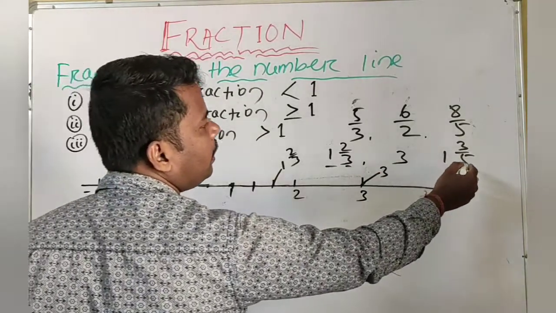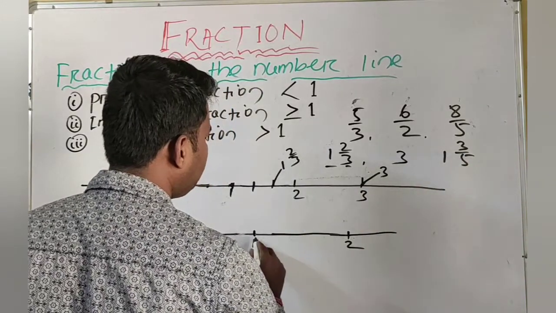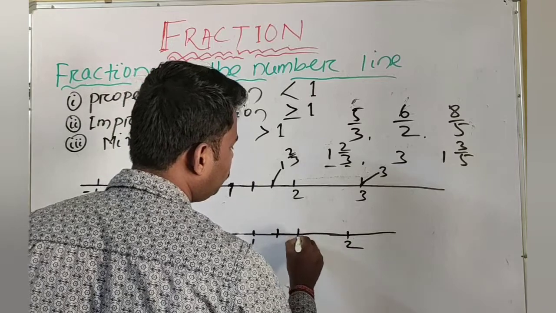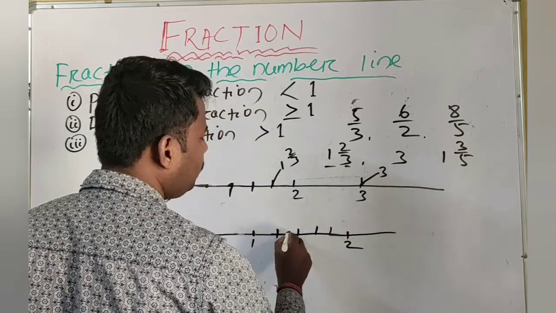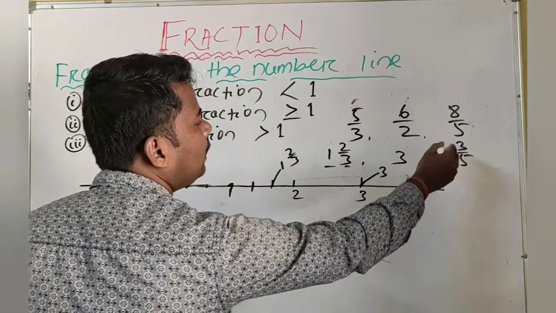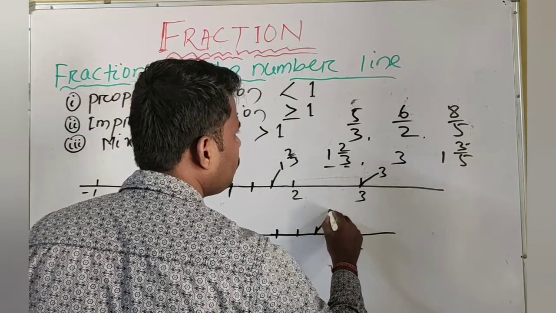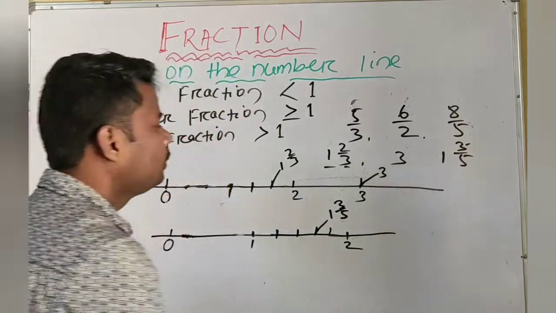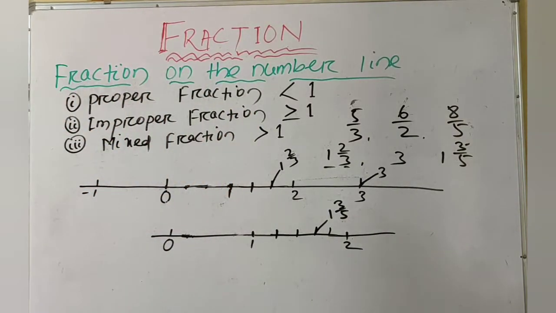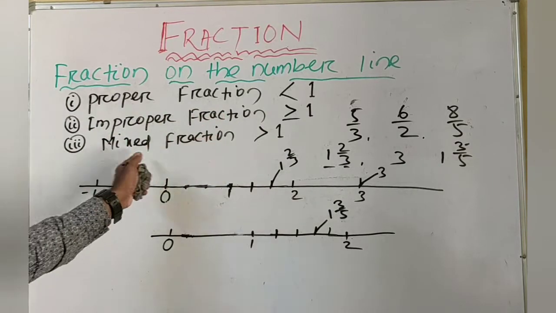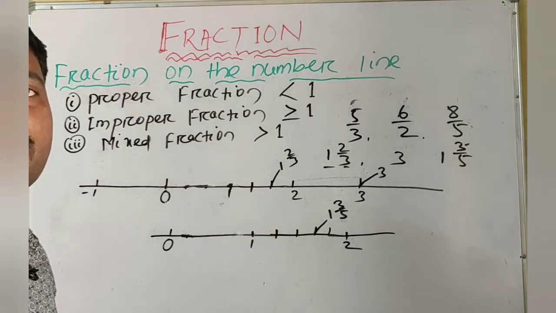Its denominator is 5, so we have to divide from 1 to 2 equally into 5 parts, 1 part, 2 part, 3 part, 1, 2, 3, 4, 5, and its numerator is 3, this one is 1 whole 3 by 5. So in this way we can represent all proper fractions, improper fractions and mixed fractions on the number line.